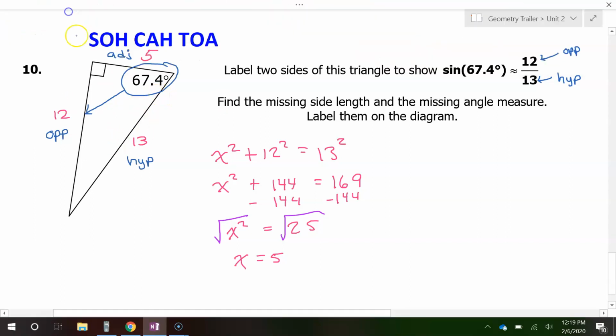Now we just need this one missing angle. And as we've discussed, since we already have a 90-degree angle right here, that means the other two angles must add up to 90 degrees. So the quickest way to find this angle right here is to do 90 minus 67.4.